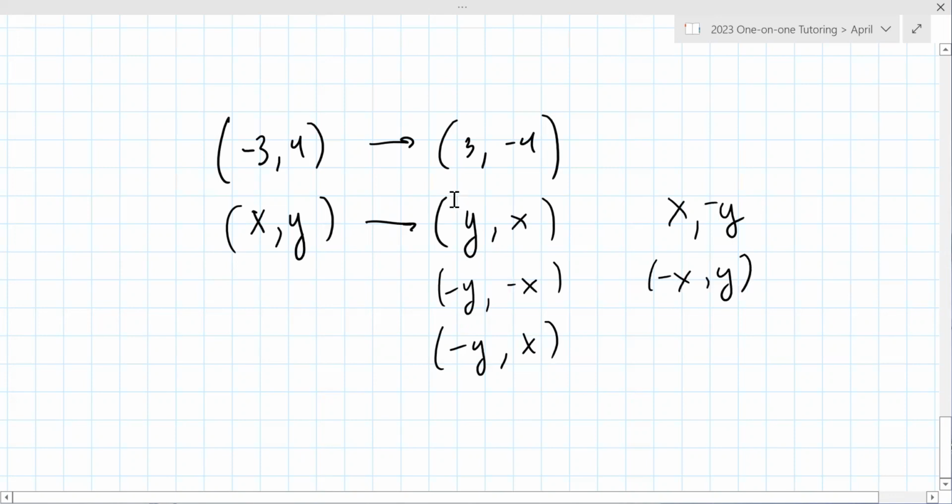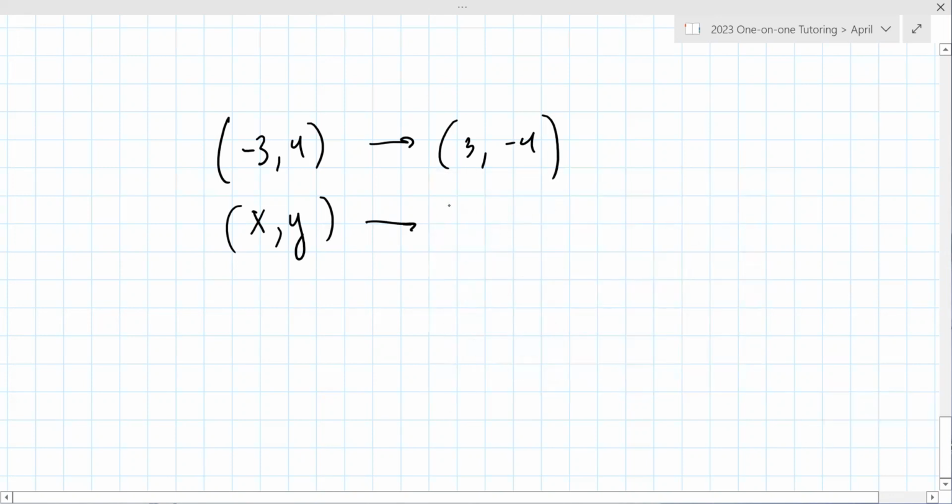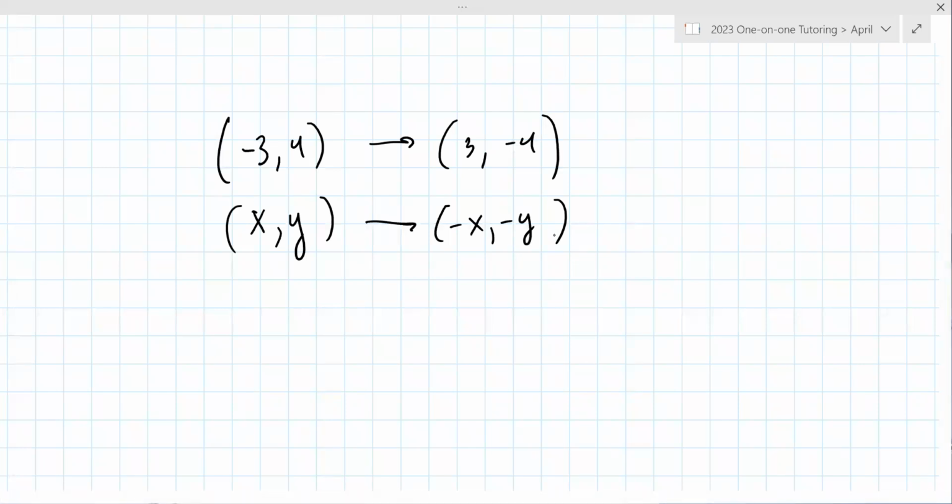I think it's (-x, -y). Is that possible? Yes. And which one does that correspond to? Through the origin. Yes. Okay, so those are pretty straightforward here.